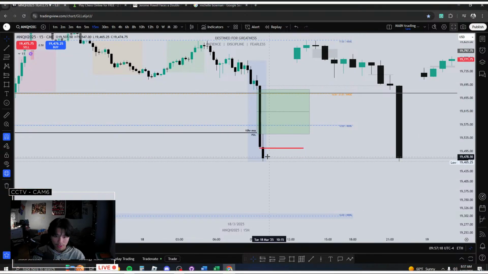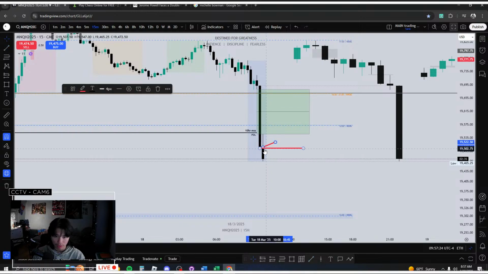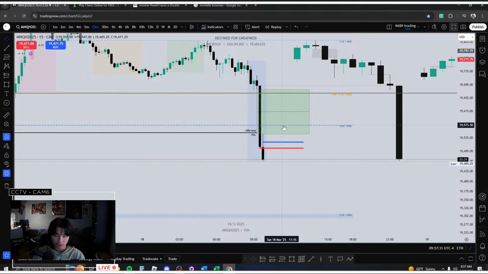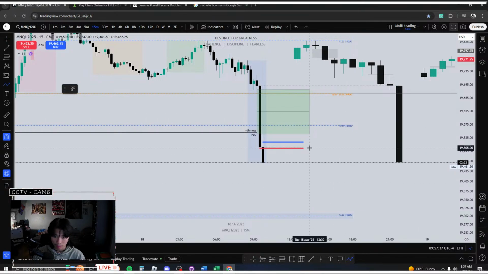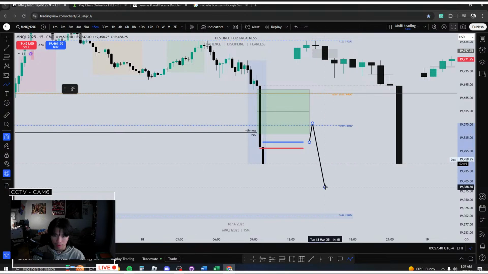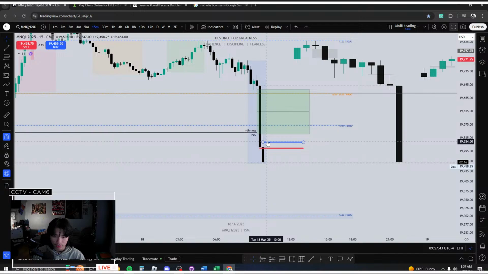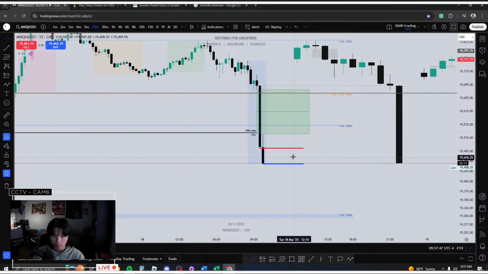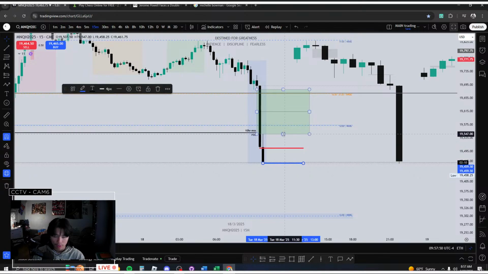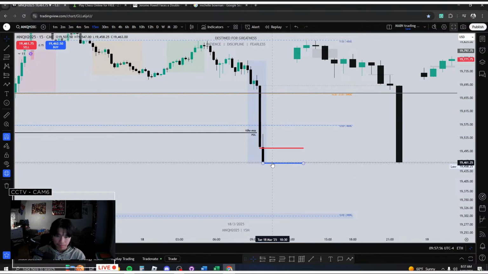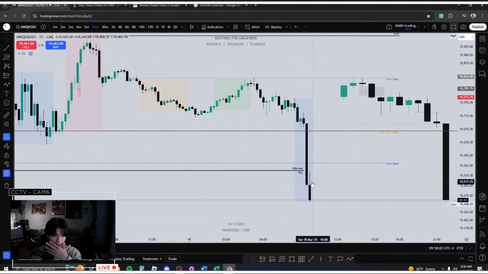But if this current 15-minute candle closes above this red line, so let's say that we close up here somewhere, then I would actually treat the 15-minute fair value gap as a gap that gets rebalanced, meaning I want to see price trade up into this inefficiency to possibly trade lower. But with the way that we're looking and how we're probably going to close below this red line, if we do that, then I would treat this 15-minute fair value gap as a breakaway gap. So just some insight there for you guys. Nothing too crazy.